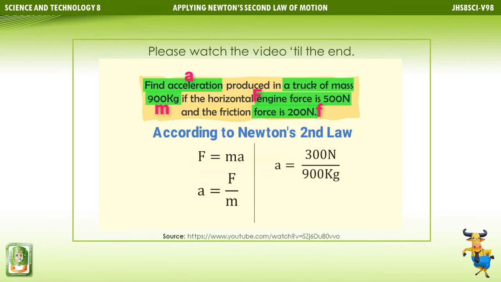So 300 Newton upon 900 kg. As a result, a is equal to 0.33 meter per second squared. So this 300 Newton net force will produce 0.33 meter per second square acceleration in the truck.